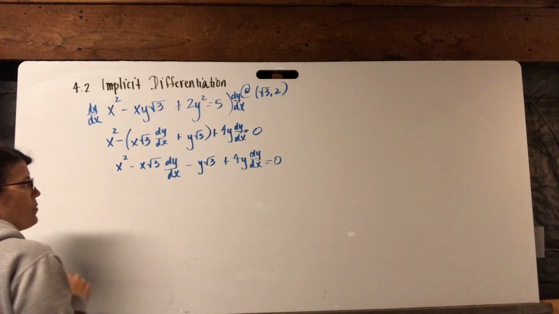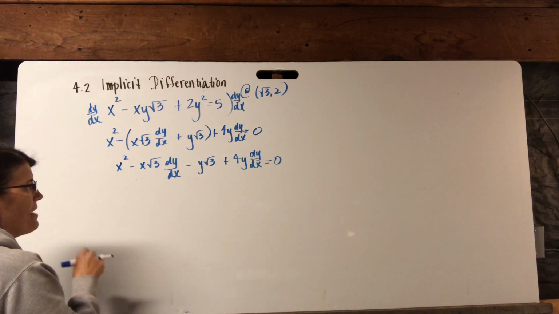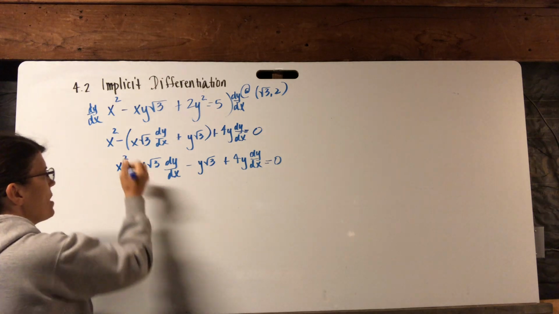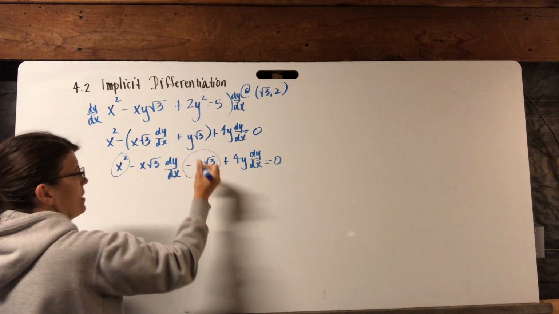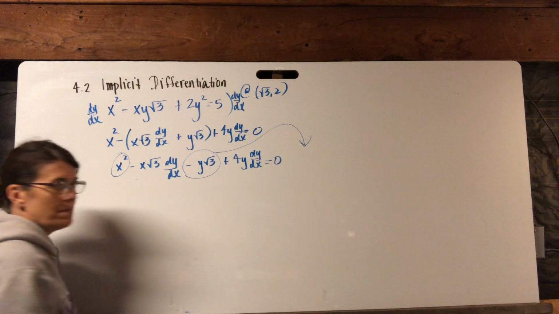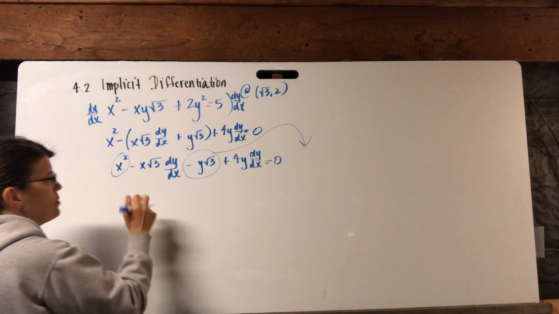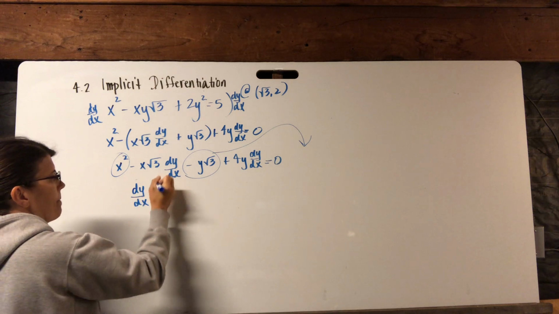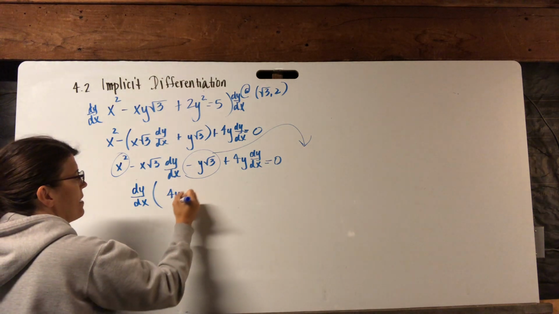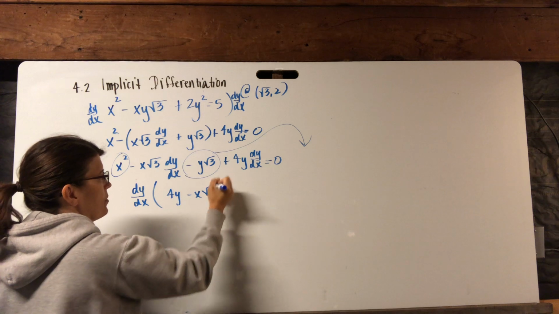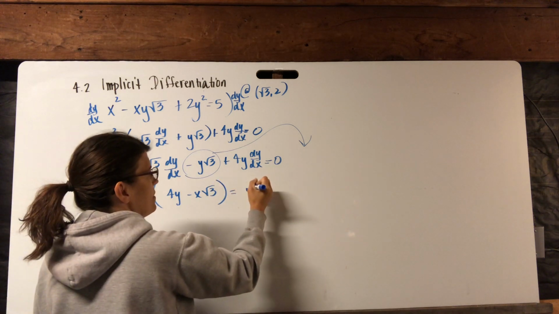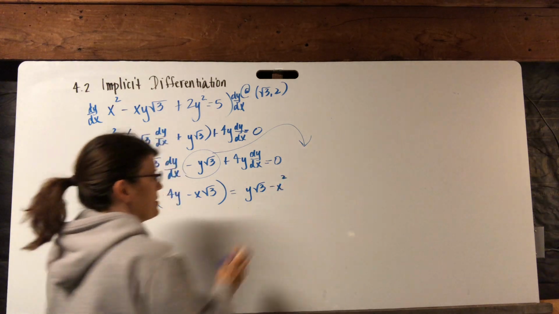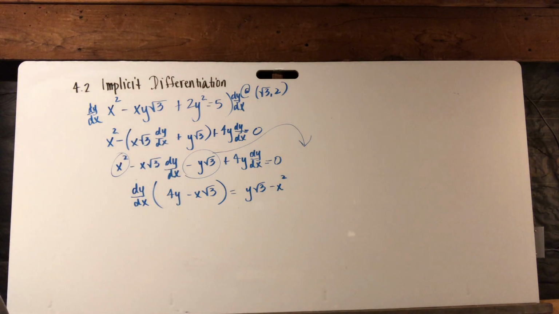Factor out a dy dx, move things right and left. Let's see, how did I do this? I'm going to take the x squared, the negative y root 3, and move them over here. And then I'm going to factor out a dy dx. So when I factor out dy dx, I get 4y minus x root 3 equals y root 3 minus x squared.